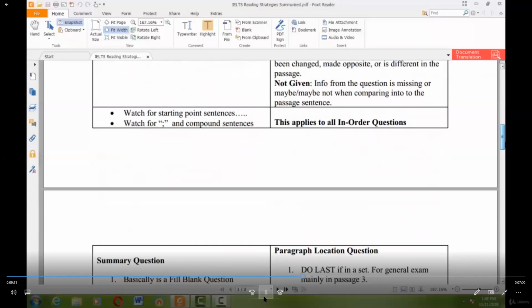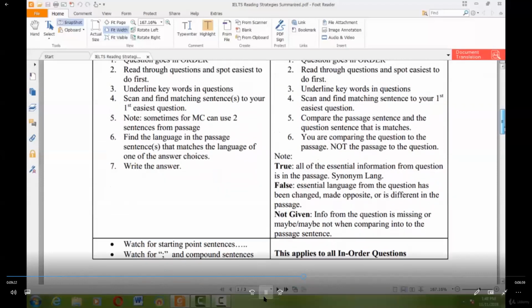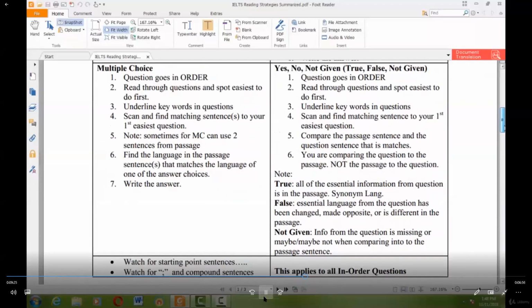Now, those are all these first questions that we've gone through, all the questions that go in order. If you're not clear what it means by going in order, what I mean is after you have question 9, say, in paragraph 3, after that you'll find question 10, after that you'll find question 11, and then question 12. Those questions go in order. Okay? It doesn't necessarily mean they go paragraph by paragraph.